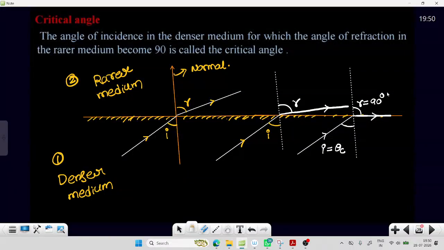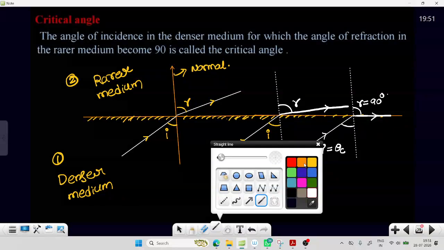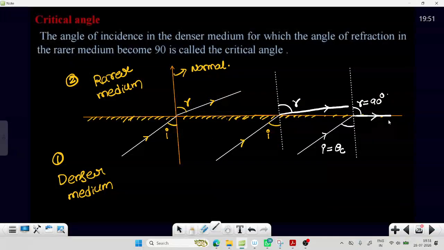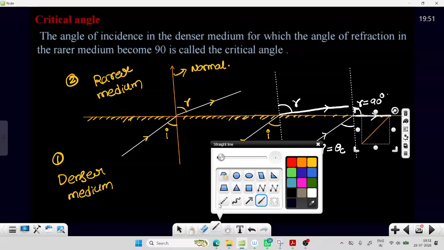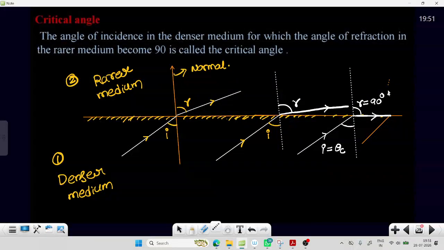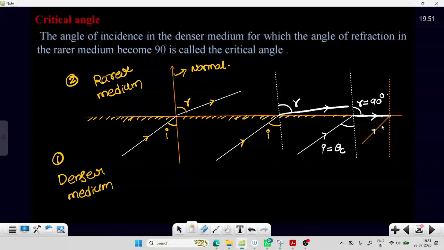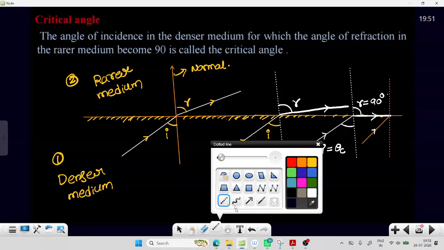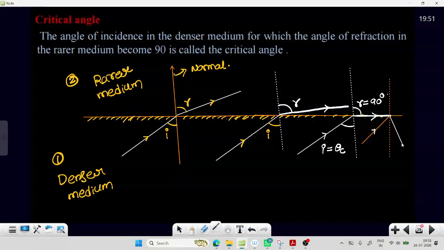And if we further increase the angle of incidence, then see what happens here. If we still increase the angle of incidence, then the light ray is completely reflected back into the initial medium.